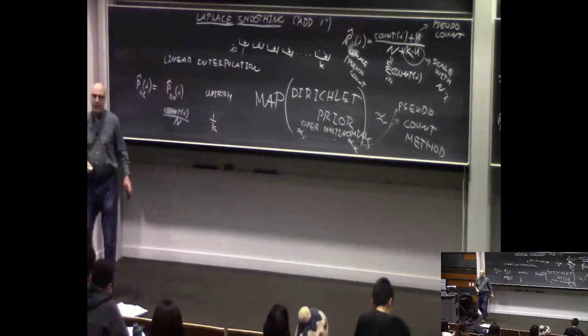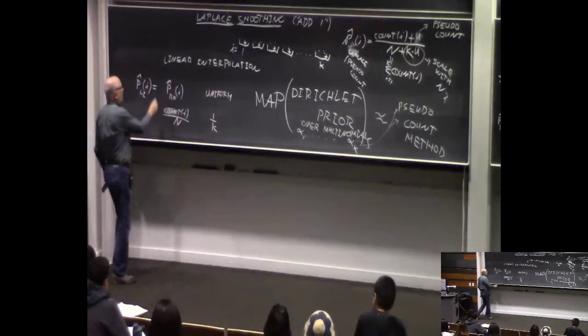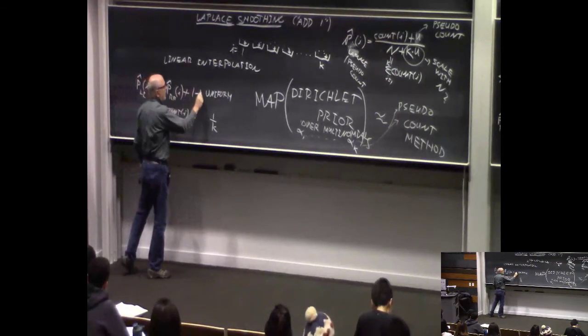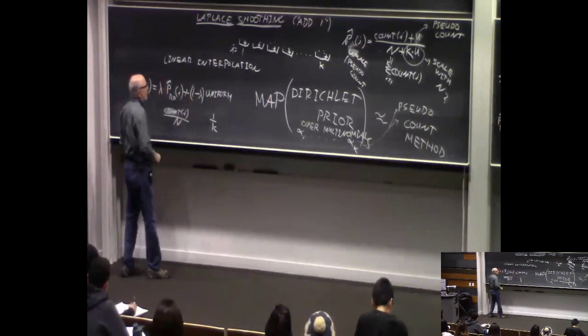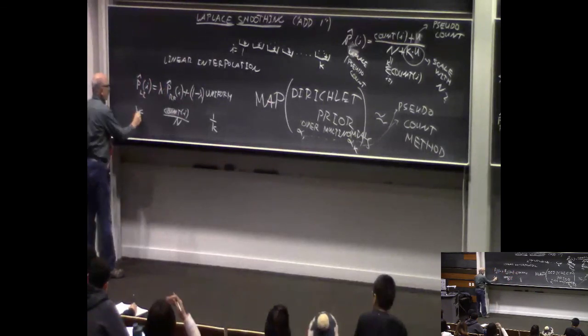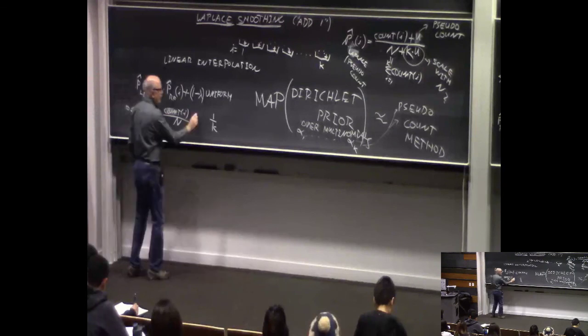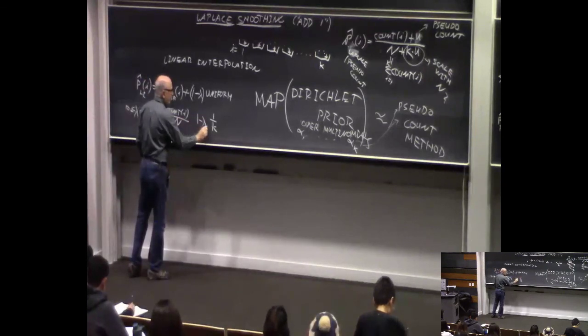And you combine them linearly. Combine them linearly meaning multiply this by some lambda, multiply this by 1 minus lambda, where lambda is between 0 and 1.